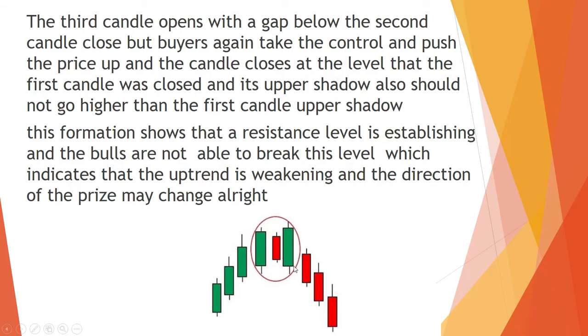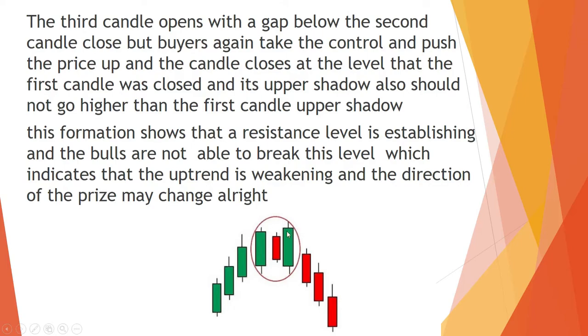The third candle, which is the green one, opens with a gap below the second candle. It opens with a gap below this candle, but the buyers again take control and push the price up. The candle closes at the level where the first candle closed, and its upper shadow is also not higher than the first candle's upper shadow.